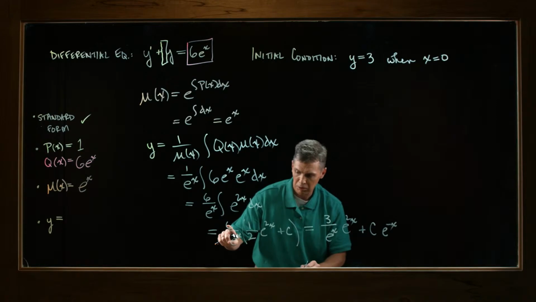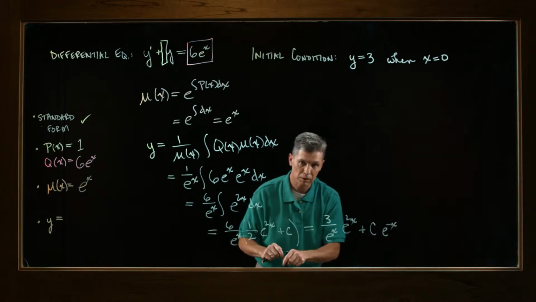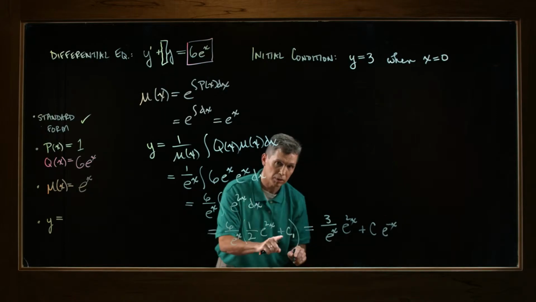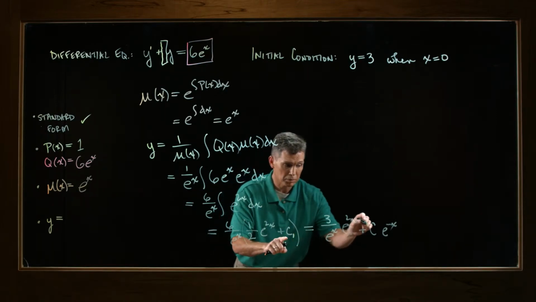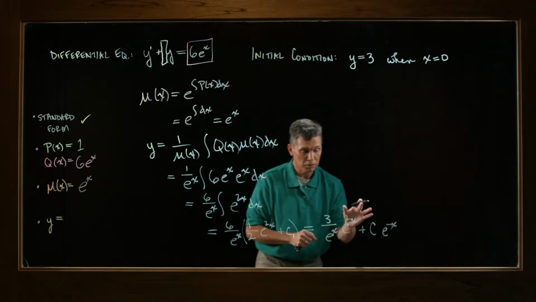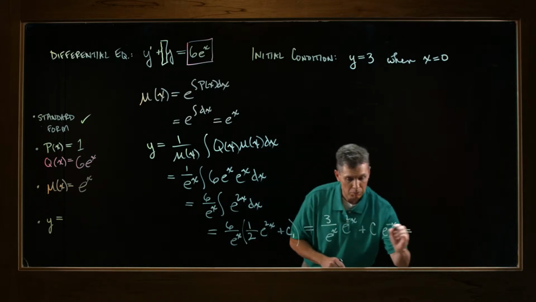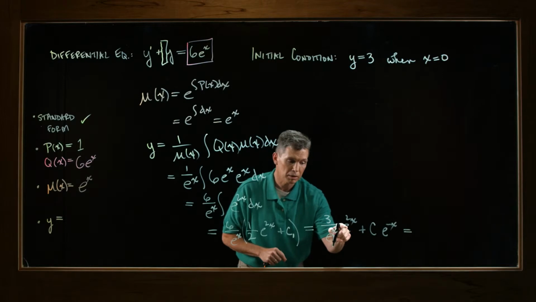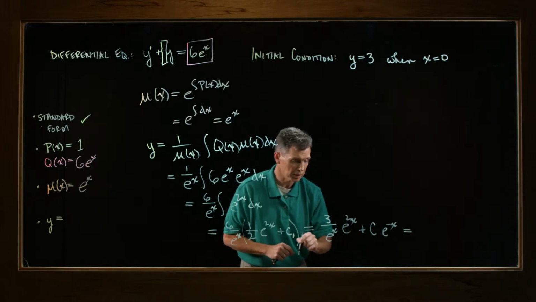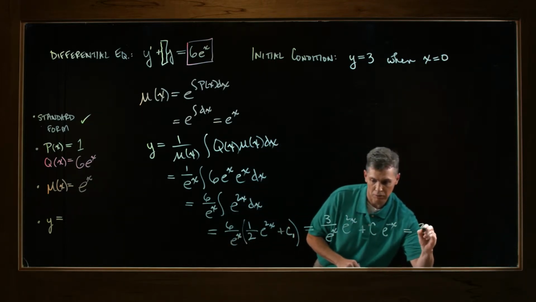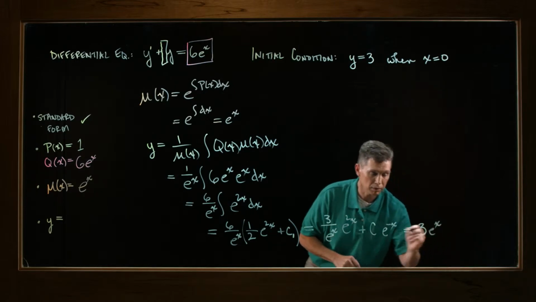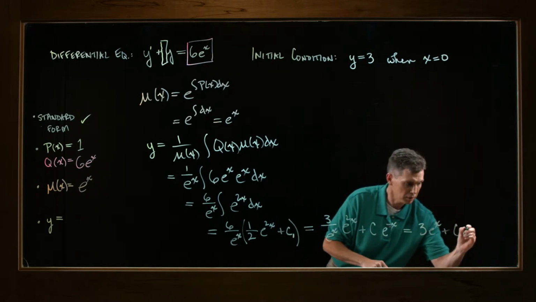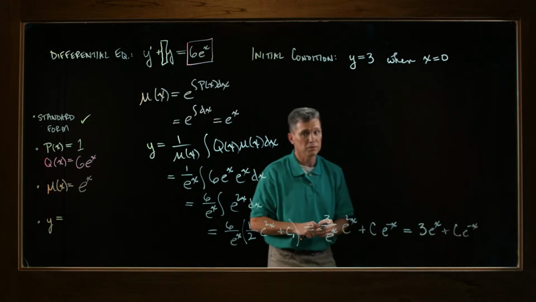But I was talking about the 6 times c being another constant. This is just where I would backtrack and put a subscript of 1 on that c because it's different from this c. Okay, so this is looking good, but I could do just a little bit more cleanup with that e to the x in the denominator and then e to the 2x being multiplied by it. And that's just 3e to the x plus c e to the minus x.